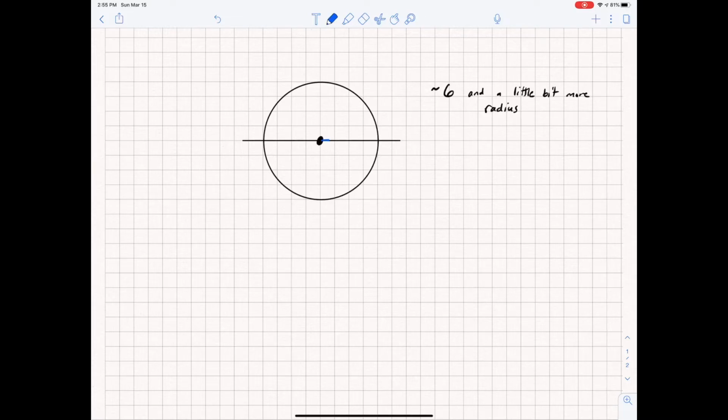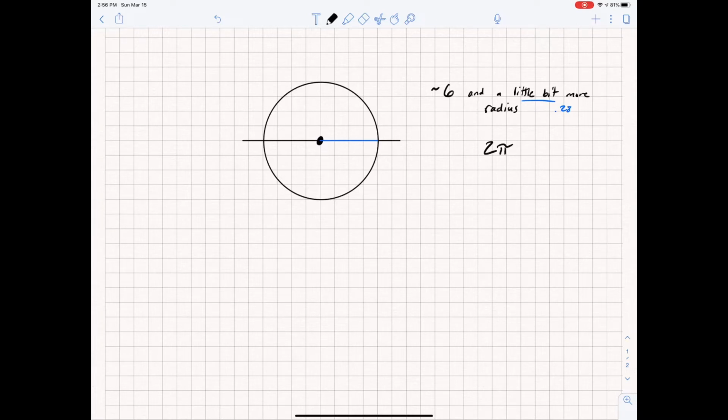To put in that starting point again, here's my center. This is my starting location, my initial side. If we were to travel all the way around the circle, we could fit at least 6 and a little bit more. We figured out that that 6 and a little bit more was roughly about 0.28. And we talked about how pi was found because of this ratio, because 6.28 is 2 pi.